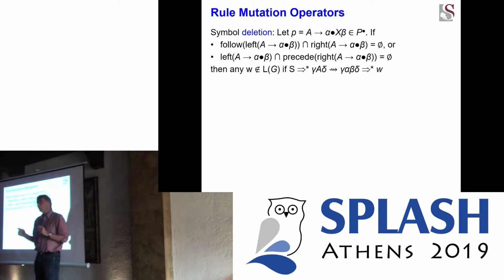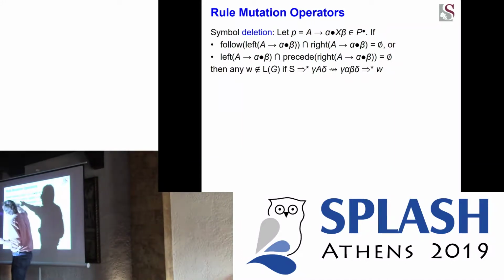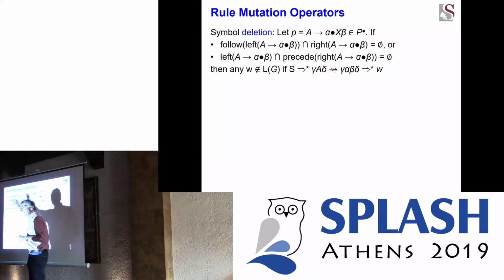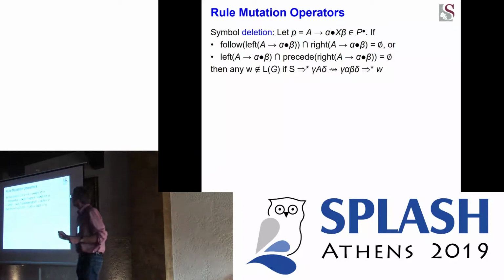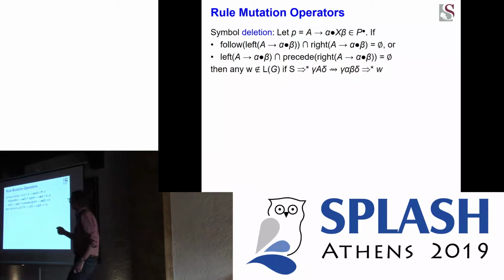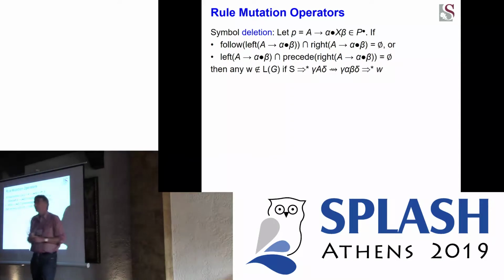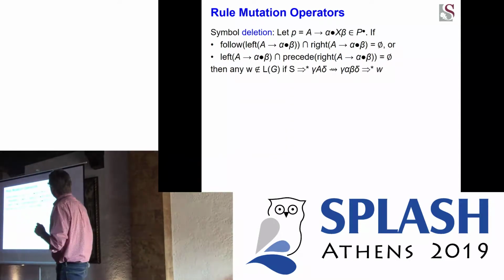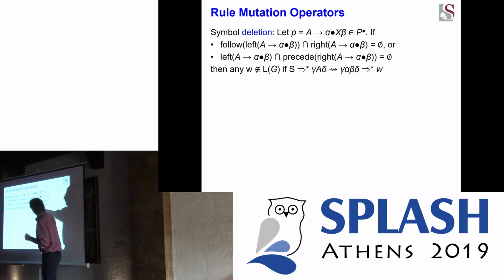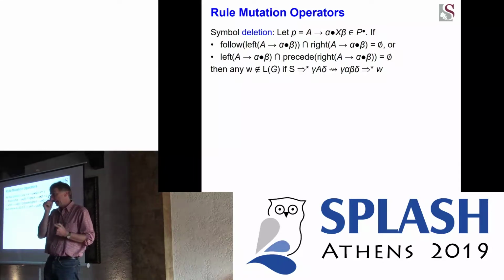We are allowed to do this if the follow set of the left set of that resulting item is disjoint from the right set of that item, or the other way around, if the left set is disjoint from the precede of the right set. If that is the case, then any derivation that uses this modified rule leads to a word that is not in the language of the original grammar.